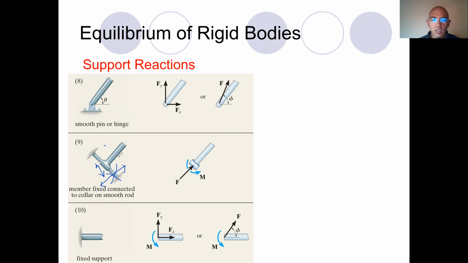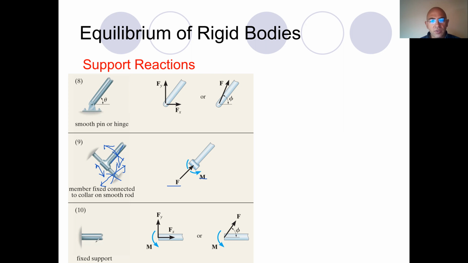And in fact, it cannot rotate around this joint. Now, prohibited motion will generate a force. Generally, it is in the direction opposite to the motion or tendency of the motion. And since it cannot rotate, there will be a reaction moment, as you see here.